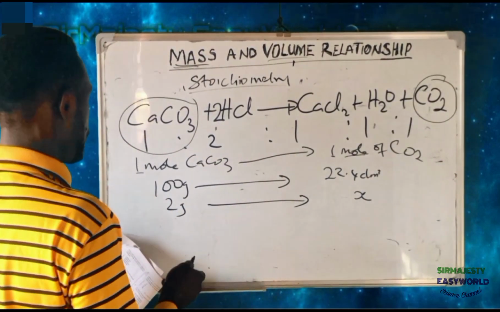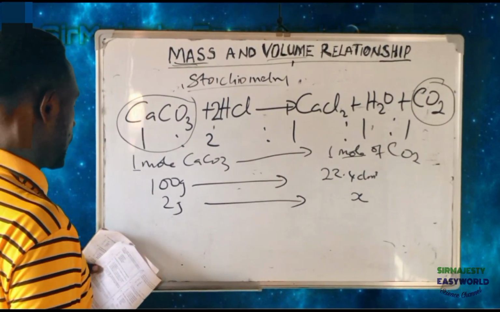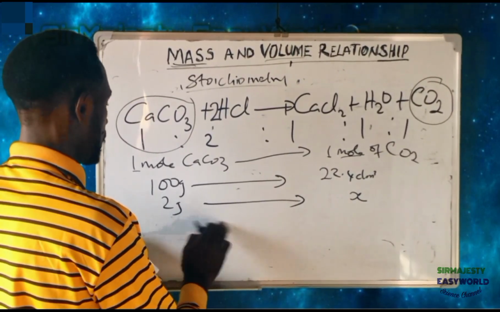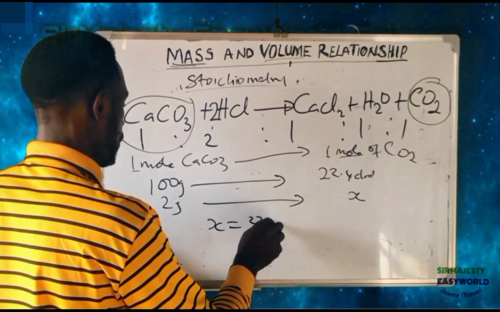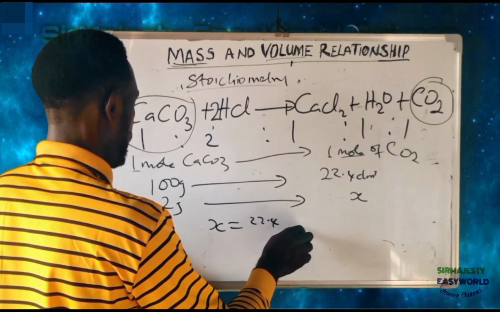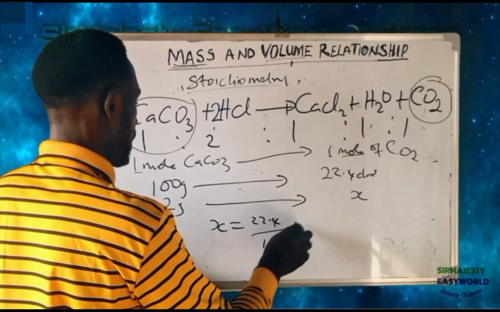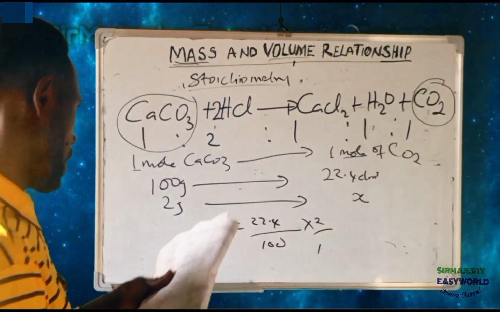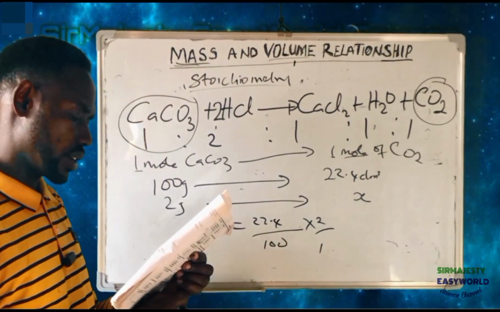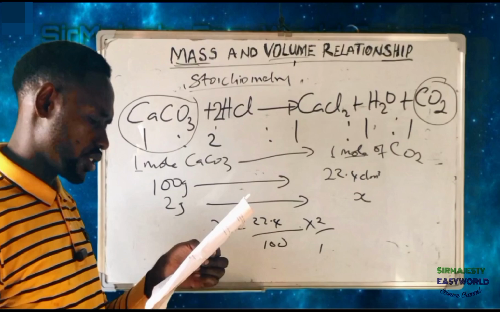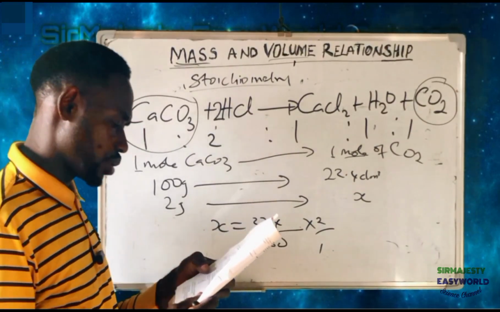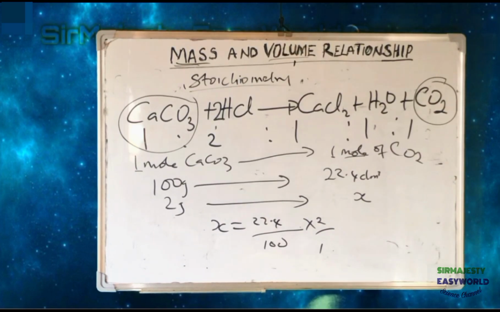Automatically, we see that X is equal to 22.4 over 100 times 2 over 1. So looking at this, we can predict a close range. It's going to give us either 0.44 or 0.22, but let me do the mathematics.